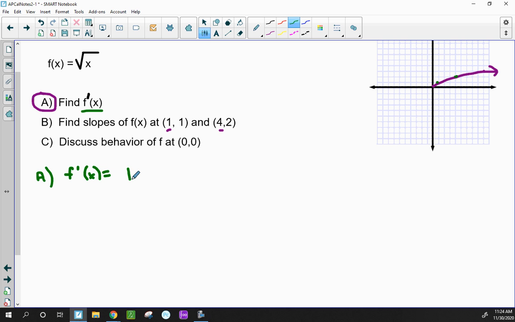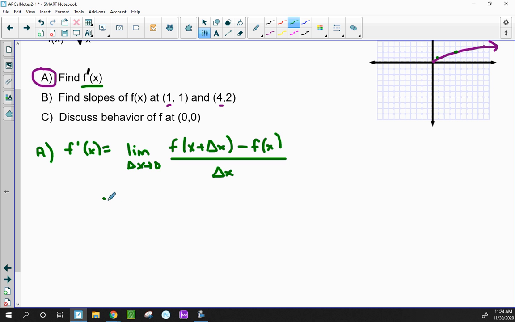So, limit as delta x approaches 0 of f of x plus delta x minus f of x, over delta x. Okay, it's going to take a few steps, so just hang in there. That's the nature of these problems. We just want to make sure that we don't lose our place here.